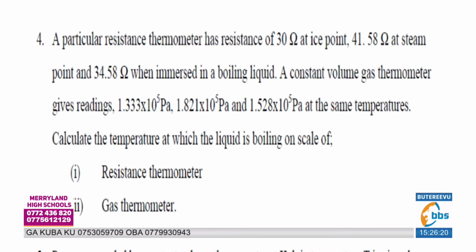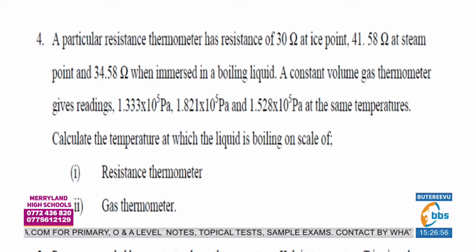They are saying that a particular resistance thermometer has resistance of 30 ohms at the ice point, 41.58 ohms at the steam point, and 34.58 ohms when immersed in a boiling liquid. A constant volume gas thermometer gives readings of 1.33 exponent 5 pascals, so these are pressure readings, 1.821 exponent 5 pascals and 1.528 exponent 5 pascals at the same temperatures.